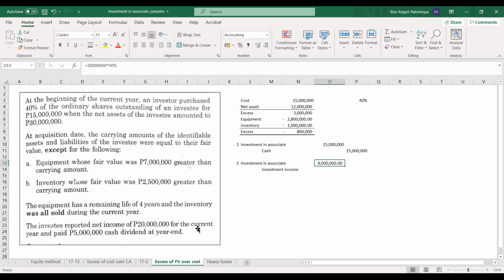So, we have a share of 8 million in net income. Number 3 is to record the share in the dividend declared of 5 million. So, our recording here is debit cash, 5 million multiplied by 40%.